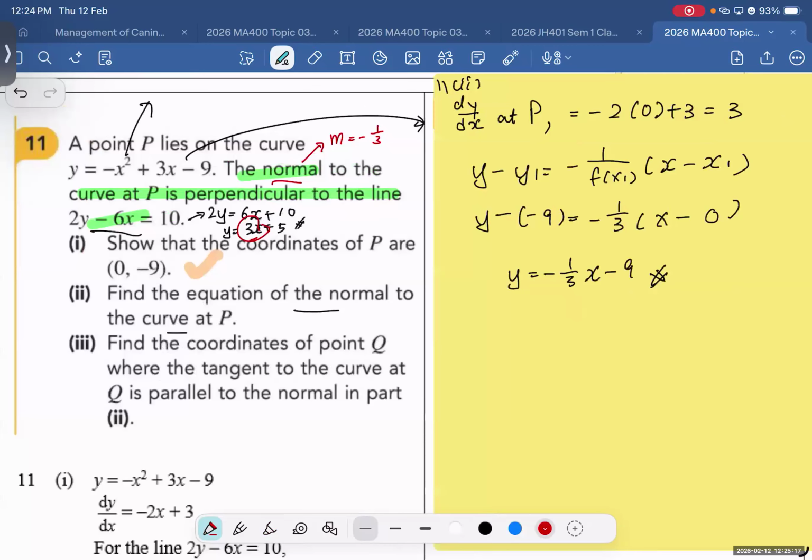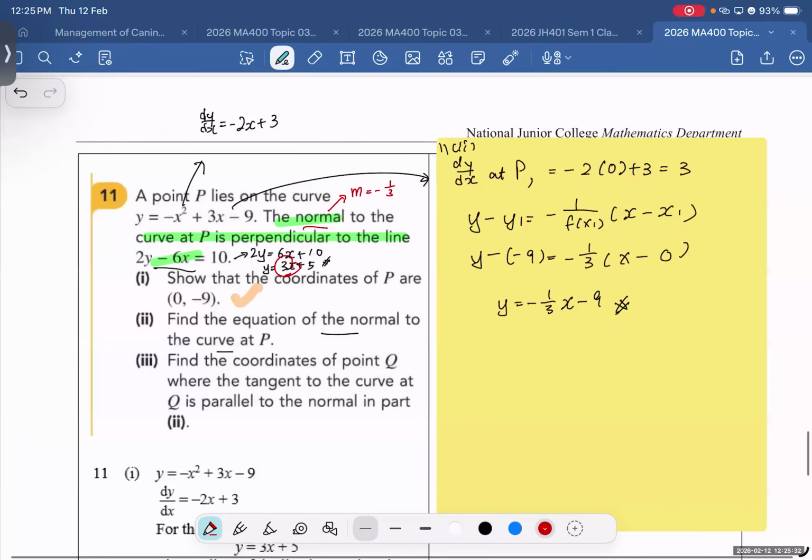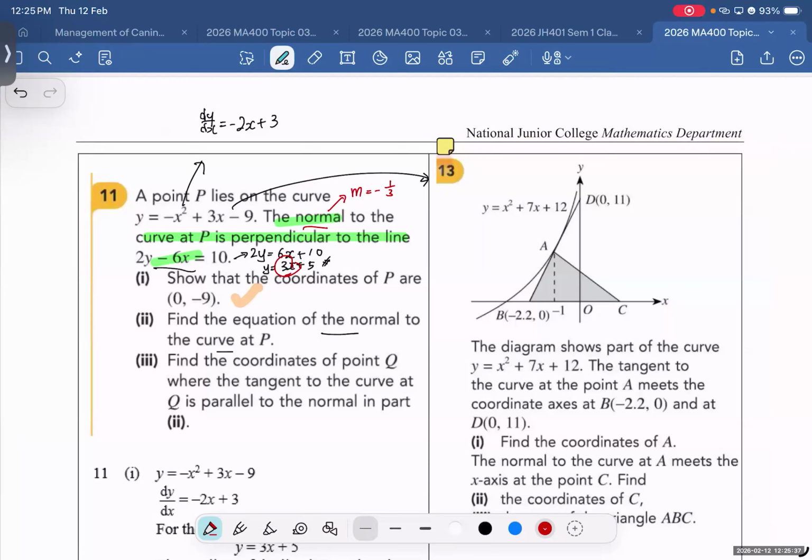Were you able to do? Okay, then what is required? Who else doesn't have this answer? Oh, come on. Guys, take out your practice set. Show me this number.